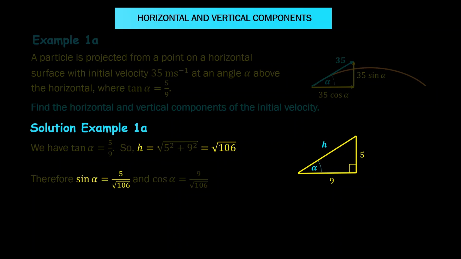Therefore, sine alpha equals opposite over hypotenuse, and in our example, this equals 5 divided by the hypotenuse, which is square root of 106.